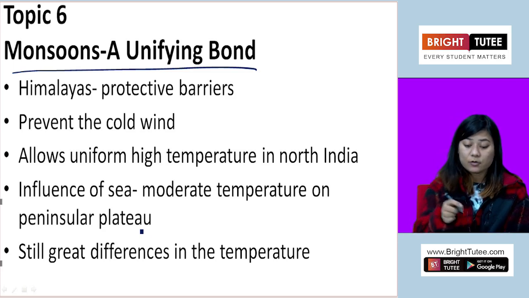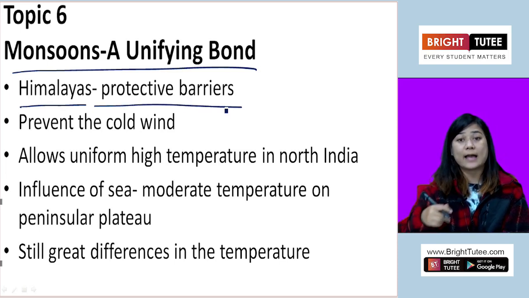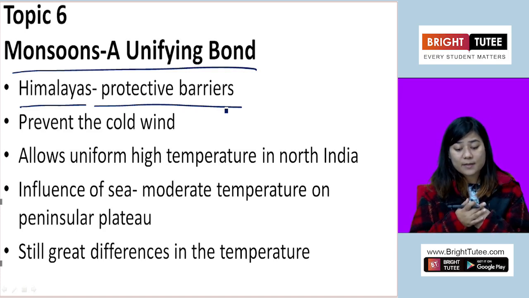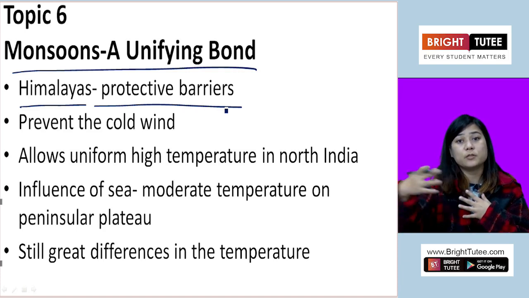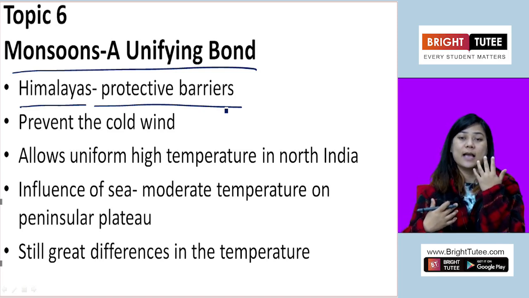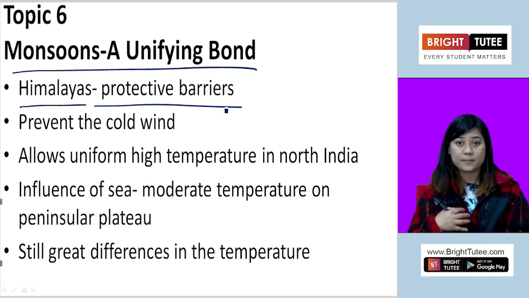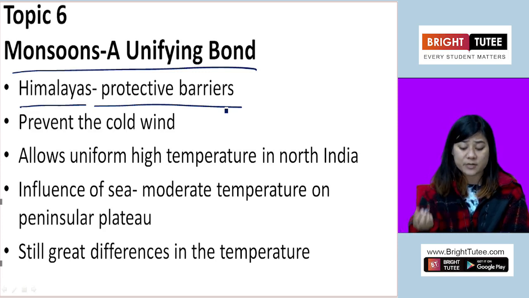Okay. Now we know that the Himalayas act as a protective barrier, a wall which protects our country. Why? Because when the cold wind blows from the north towards India, the Himalayas act as a wall, and prevent the cold waves from entering India and causing a decrease in temperature, making the weather much colder than what we actually experience today.